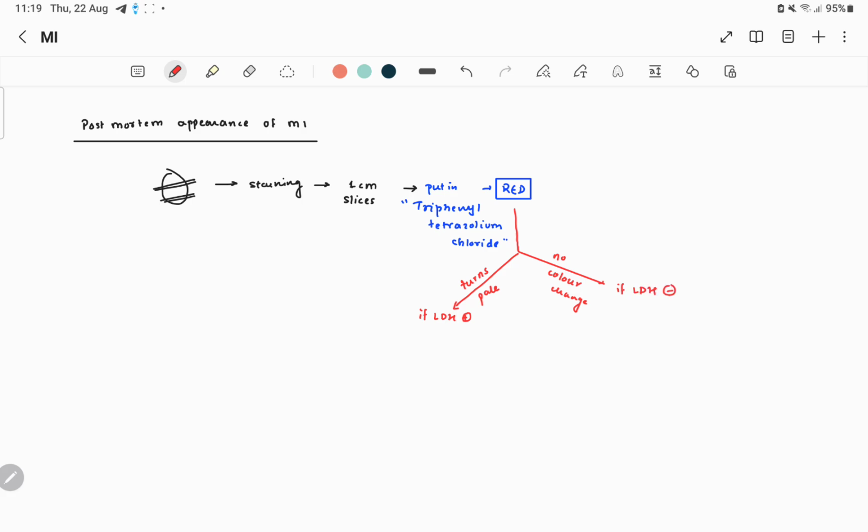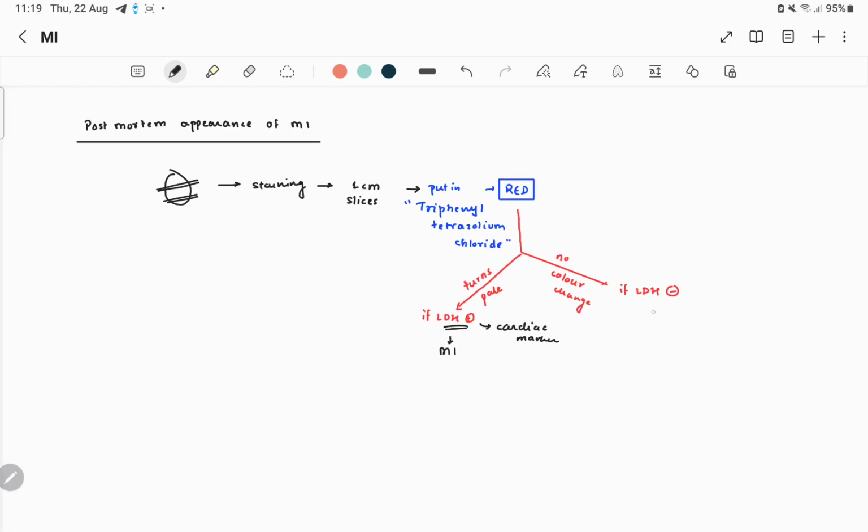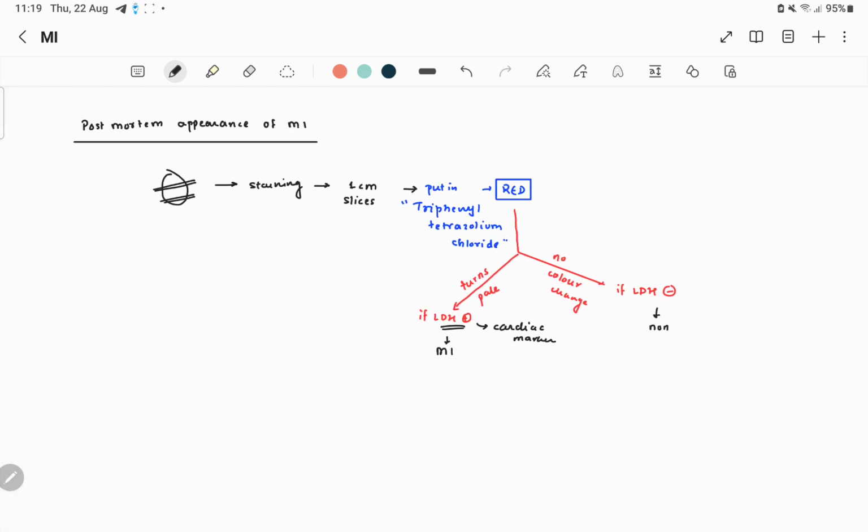And LDH is a cardiac marker. So this is a necrotic tissue, that is this is your MI, and this is a non-MI case, right? So this type of thing is used to determine if your infarct is present or not, right?